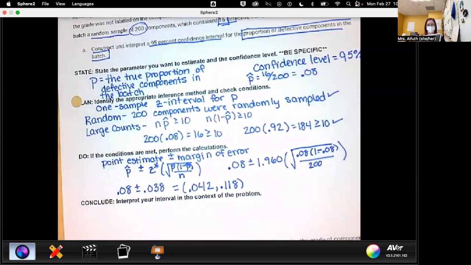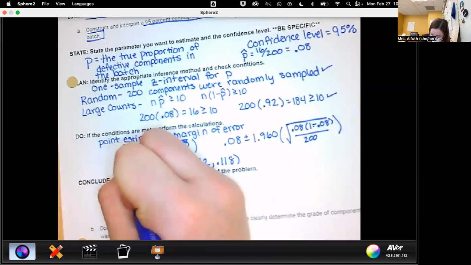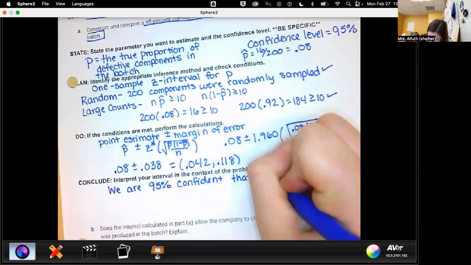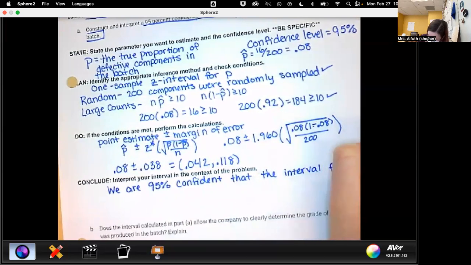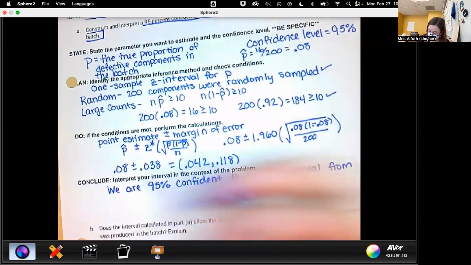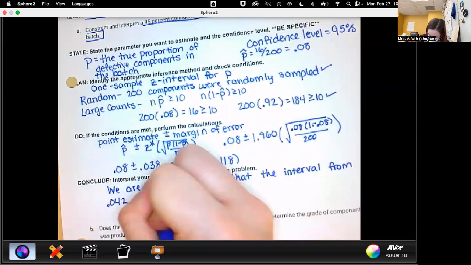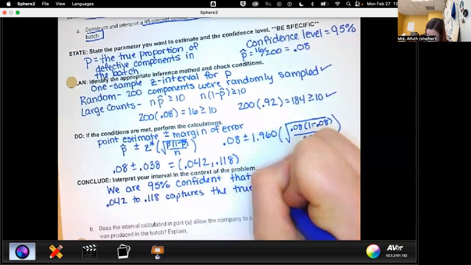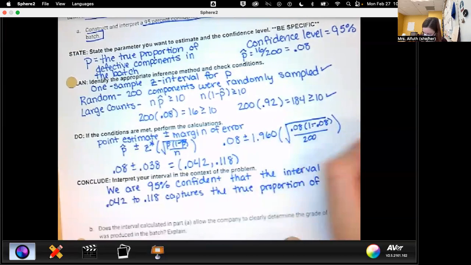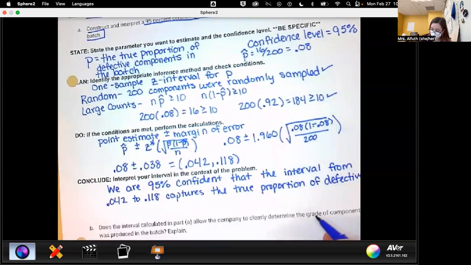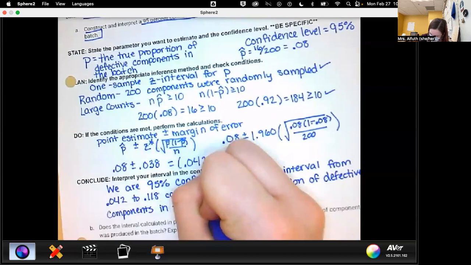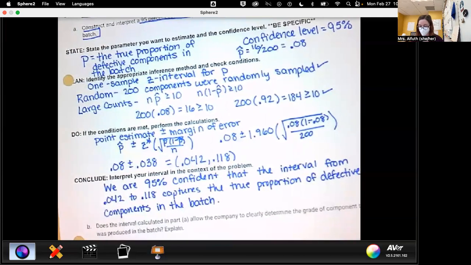So in terms of that, we would say we are 95% confident that the interval from 0.042 to 0.118 captures the true proportion of defective components in the batch. All right, part A is complete.